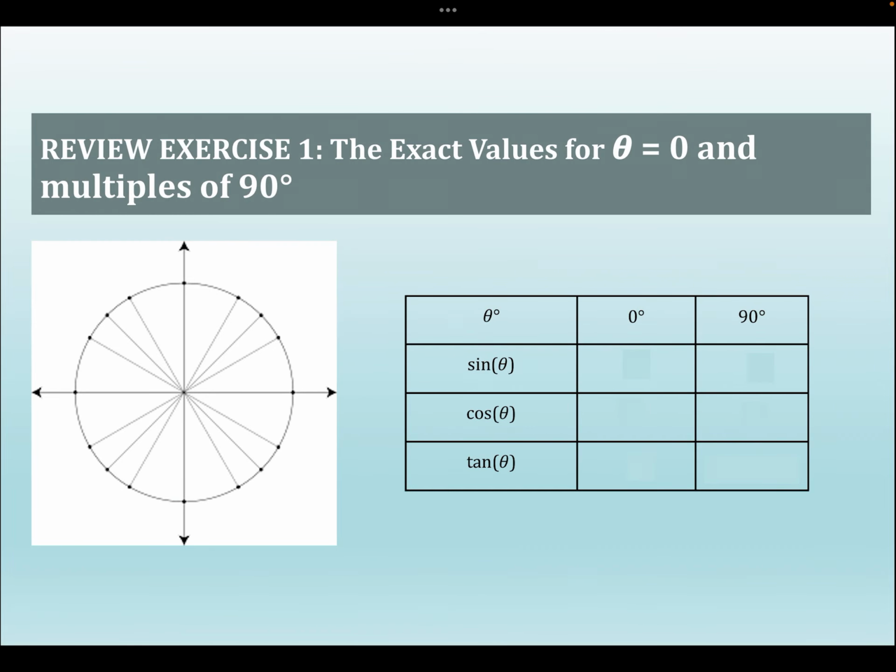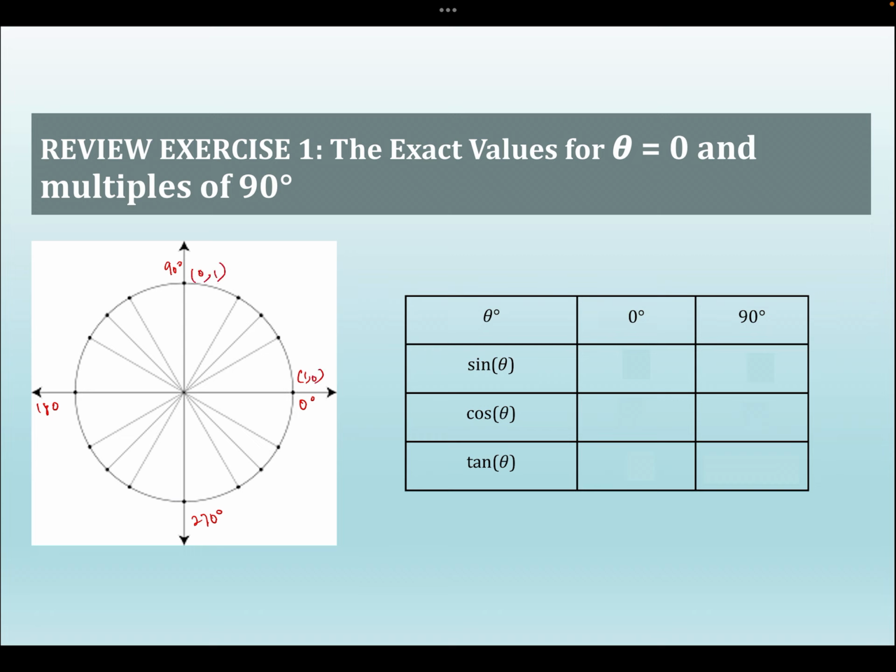Now, let's review. Can we think about the exact value of 0 and multiples of 90s? So I've got 0 degrees here, 90 degrees here, 180 degrees here, and 270 degrees here. All right. So we know this is a unit circle, and therefore the coordinate here is 1, 0.